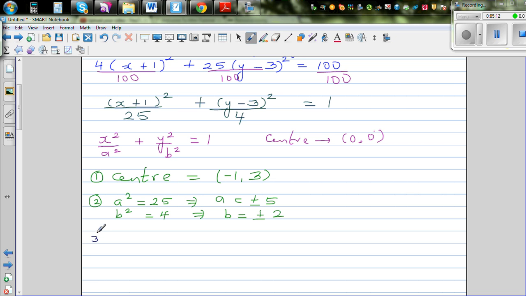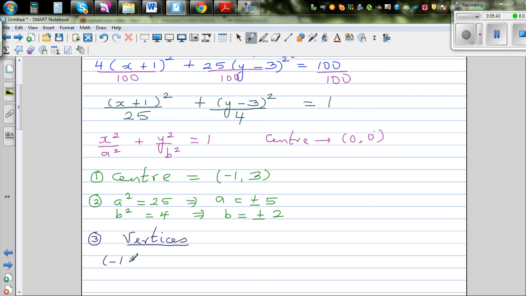So the third thing, we are going to determine the vertices. I'll graph this later on. From the center you go 5 to the right and 5 to the left, horizontally.